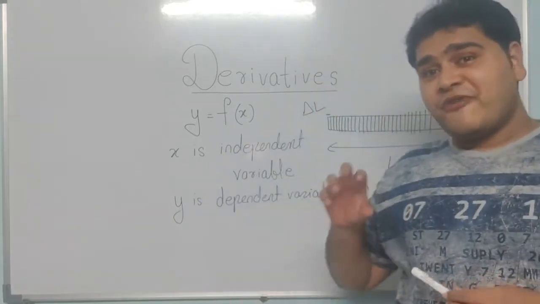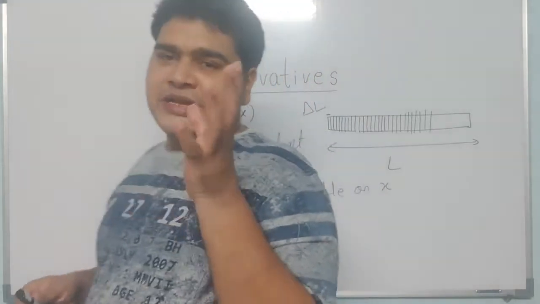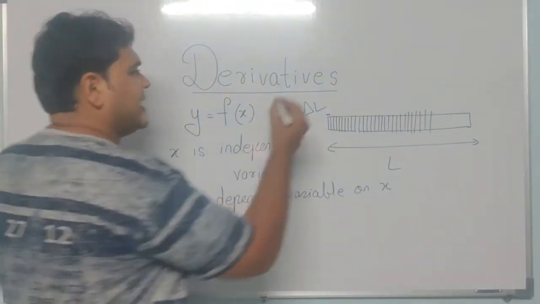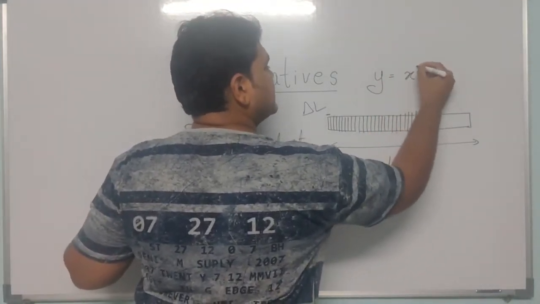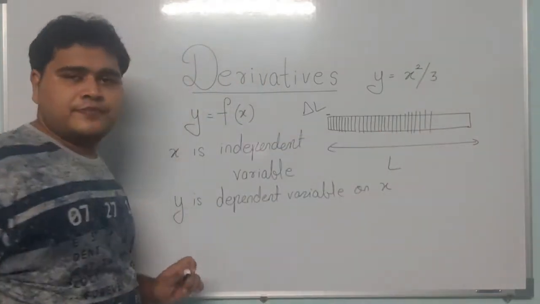So here the f of x actually stands for function of x. If I give you a very simple example for this, if I write y is equal to x square by 3.